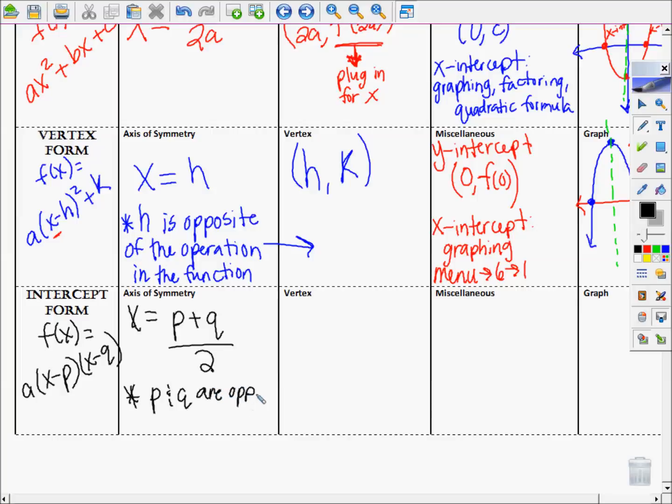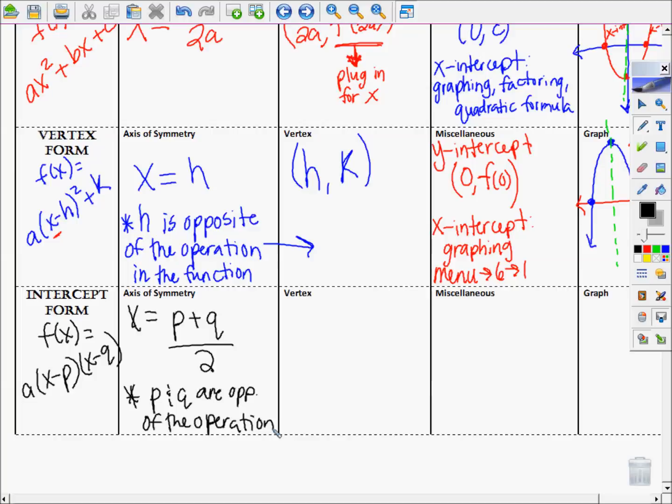Just like h, you remember how h is the opposite of the operation in the problem? P and q are the same. So if it says minus p, that means it's actually positive p. So if it's like minus 2 and minus 4, it's really just going to be 2 plus 4. So you just have to keep that in mind.